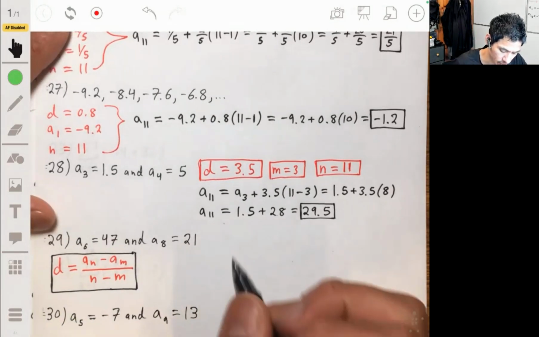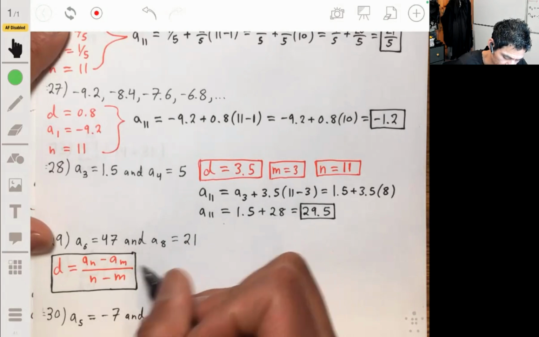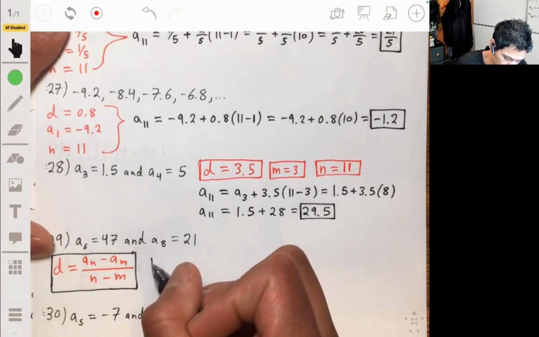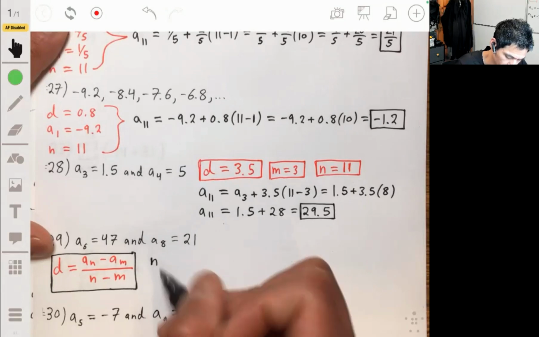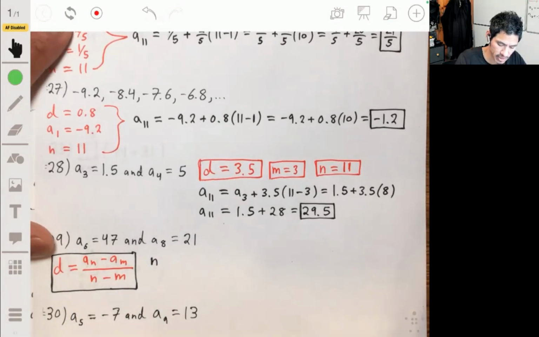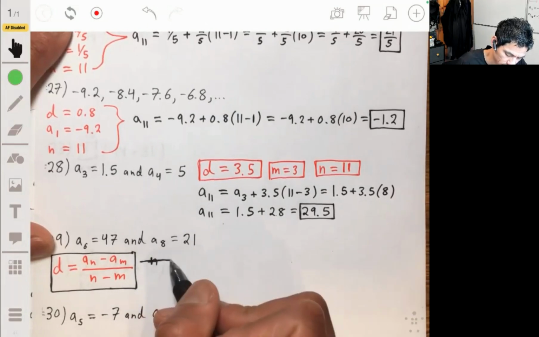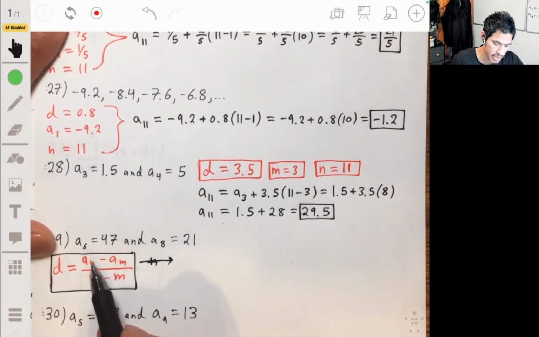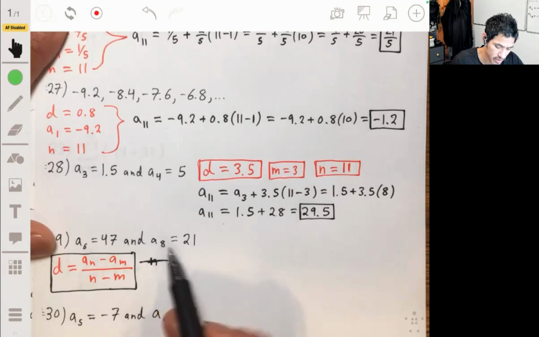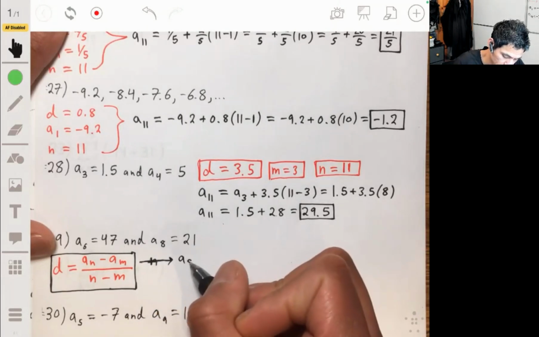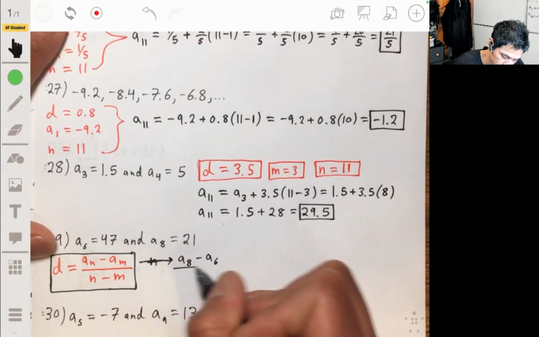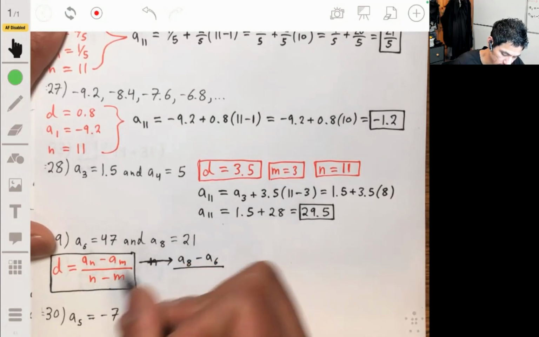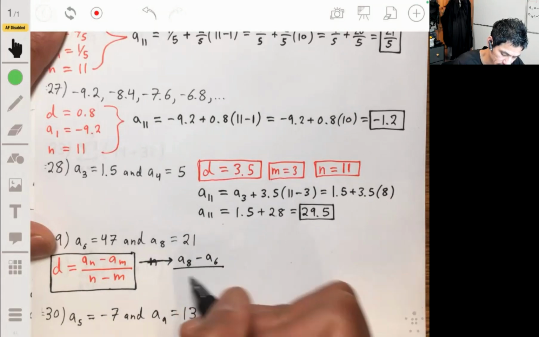So for example, let's not waste time writing. Let's cross this off so you can see what I mean. So an, let's just make it A8 in this case. And am, we'll make it A6 over 8 minus 6.